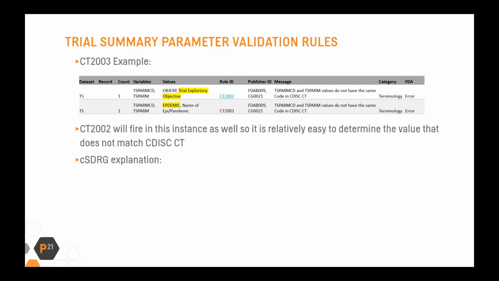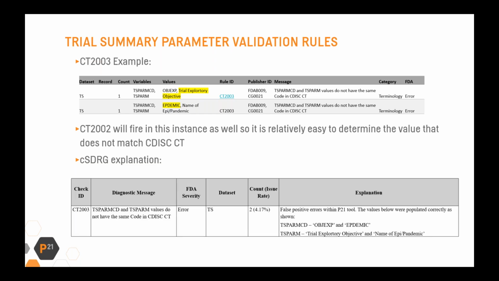So here's an example of an SDRG explanation I saw for CT2003. They explain that there's nothing wrong with their data. It's a false positive error within the P21 tool. If I had a dollar every time I saw someone explaining that it was a false positive.